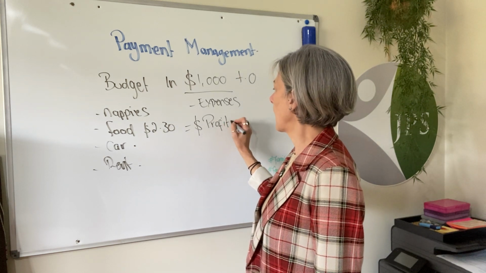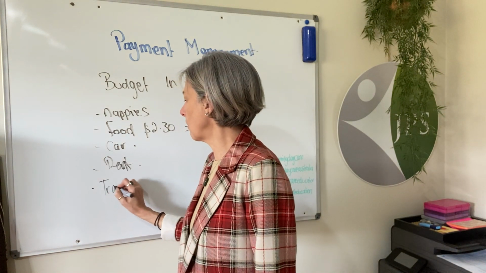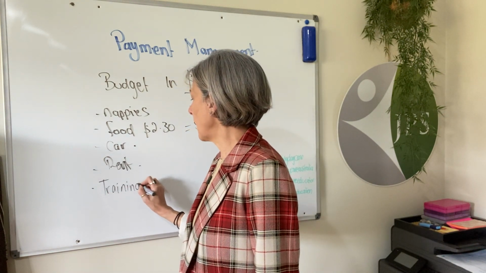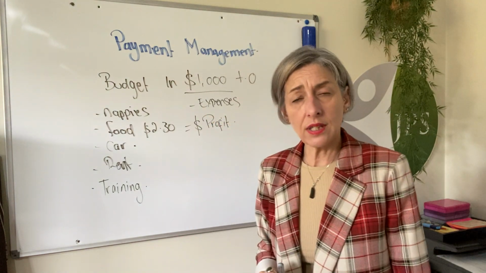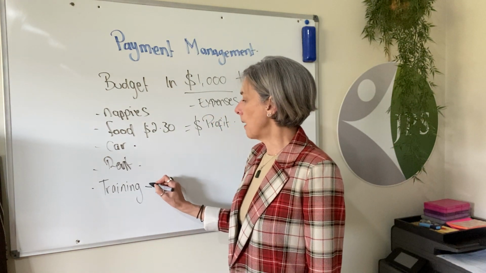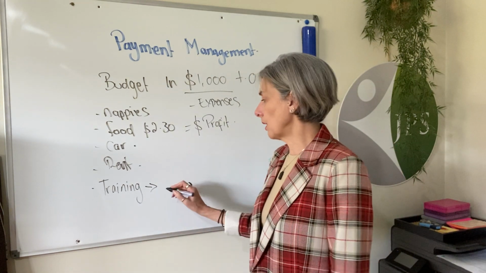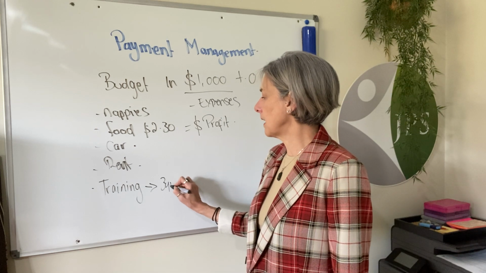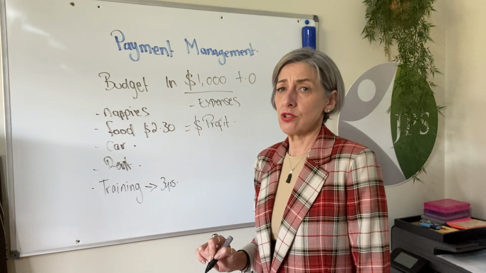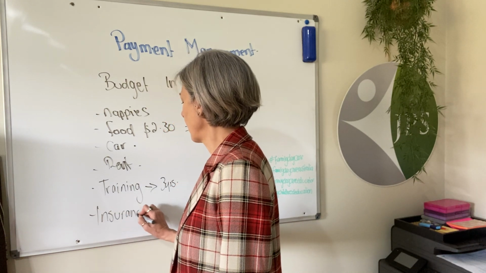Yes? Okay. Now, also in your budget, make sure that you account for any training. You need to have annual CPR, you need to have annual child protection, although you can access free child protection training. But your working with children card, or your working with children screening, comes up every 3 years, and you need to account for that in your budget also. You need to have your insurances accounted for.